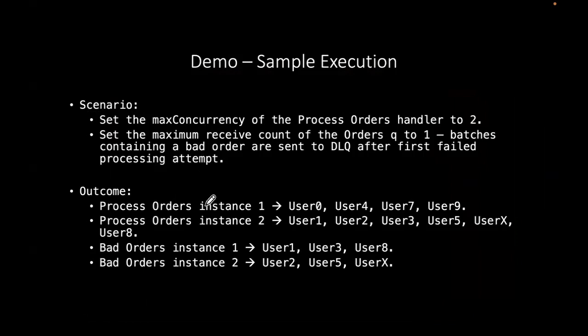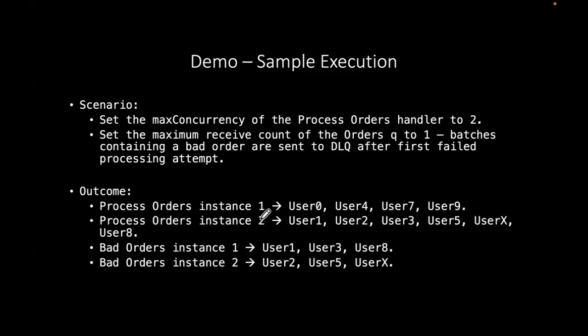And this was just what happened. So of my two concurrent instances of the process orders function, one of them received a sub batch containing the order for user 0, user 4, user 7, and user 9. The other one received user 1, 2, 3, 5, and X.